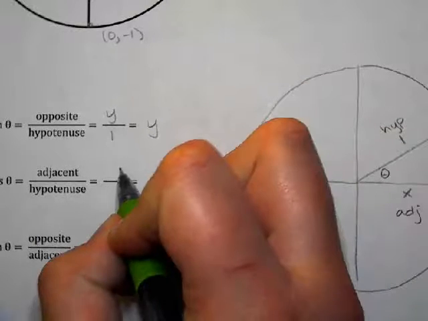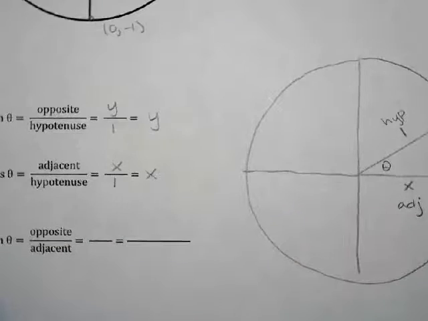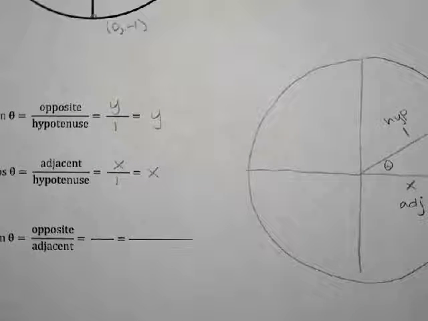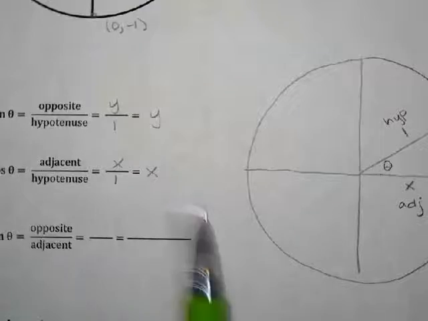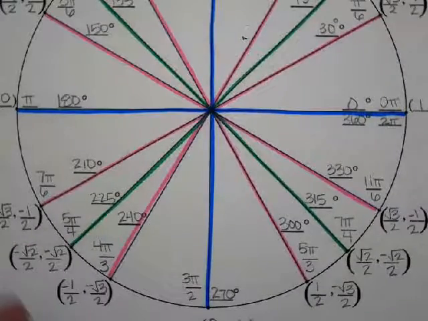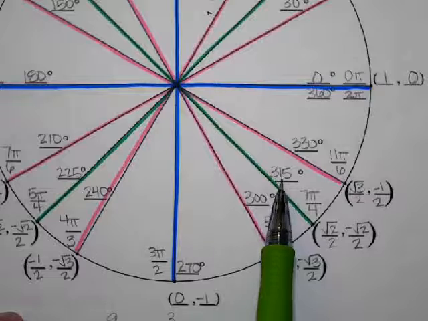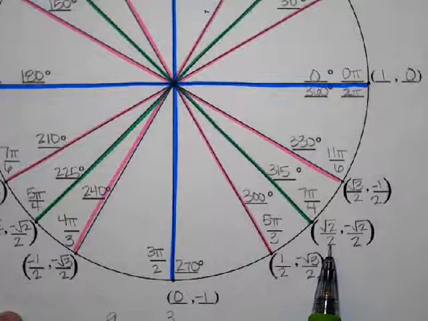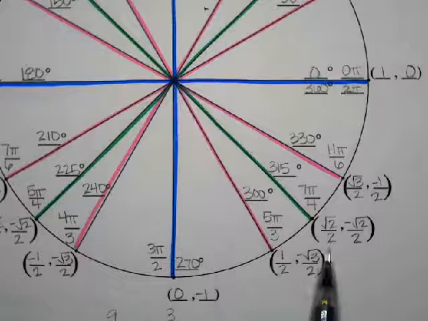If I want to know what cos of 315 is on my calculator, it's actually just going to be this x-coordinate. That's how we're going to use the unit circle like a calculator. Does that make sense? My calculator is limited. It can only give me decimals. My unit circle is not limited. It can give me exact answers, where my calculator cannot. Does that make sense?